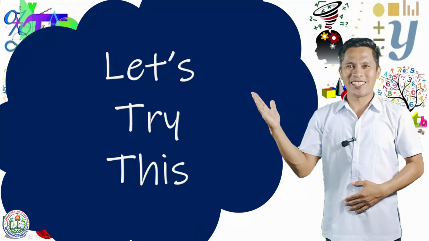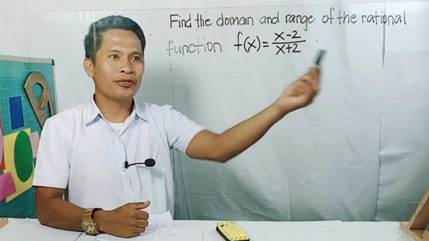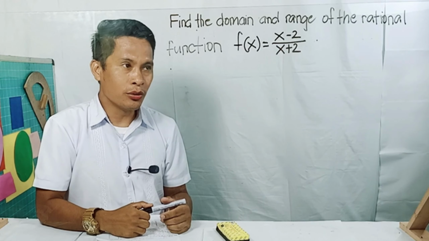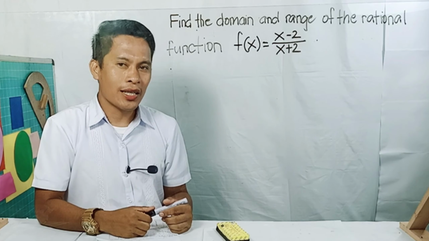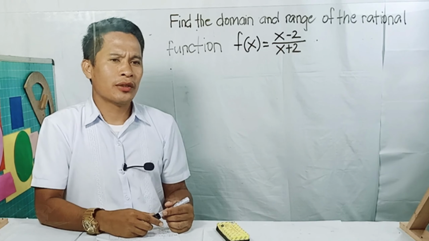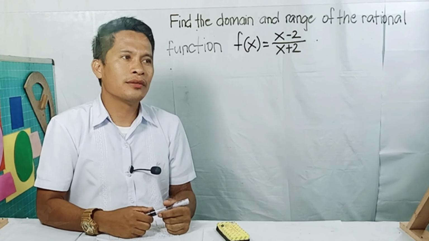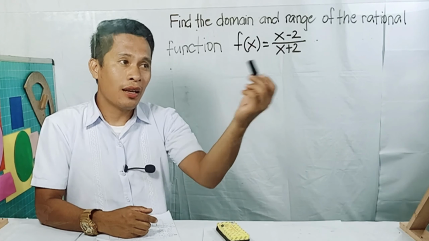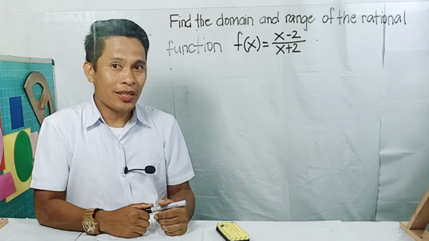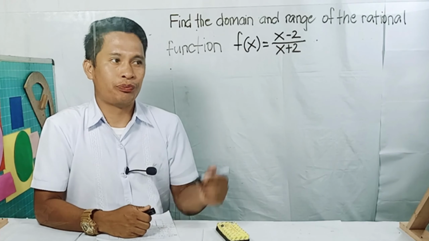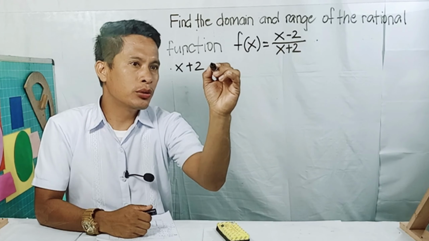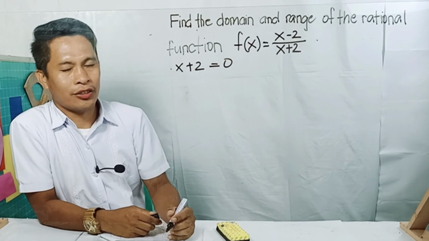Let's try this. Let's find the domain and range of the rational function f of x equals x minus 2 all over x plus 2. First step is, let's find first the domain. In finding the domain, equate the denominator to 0. x plus 2 equals 0.